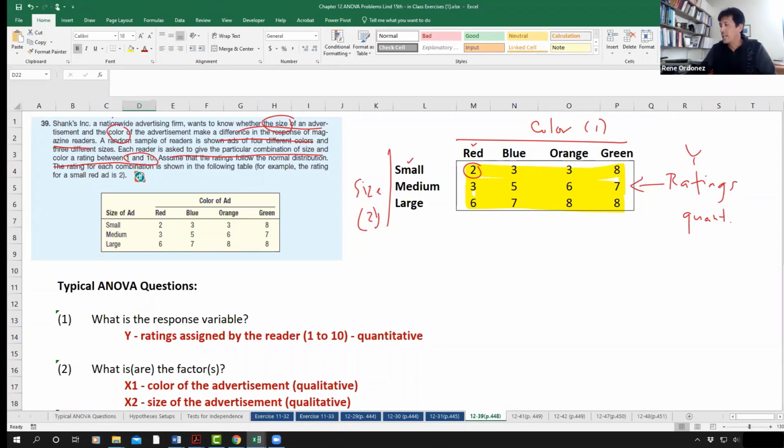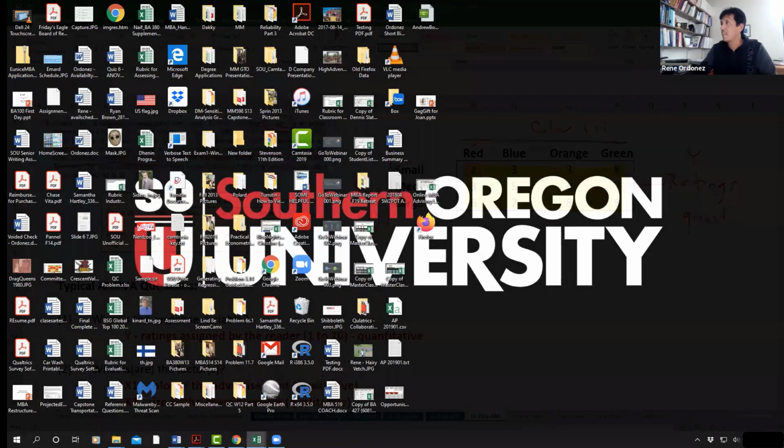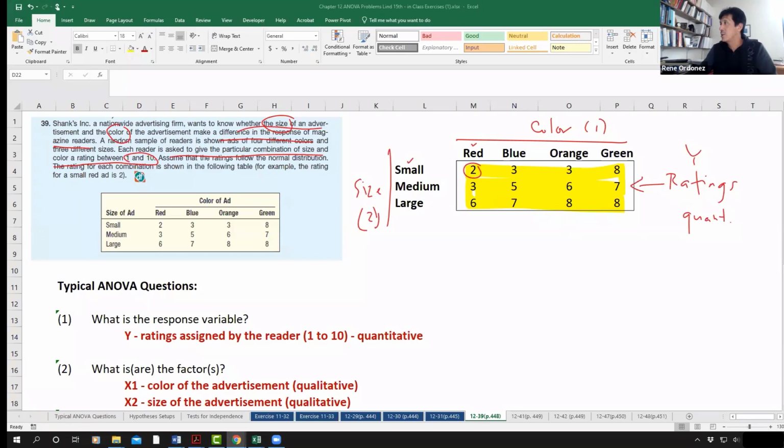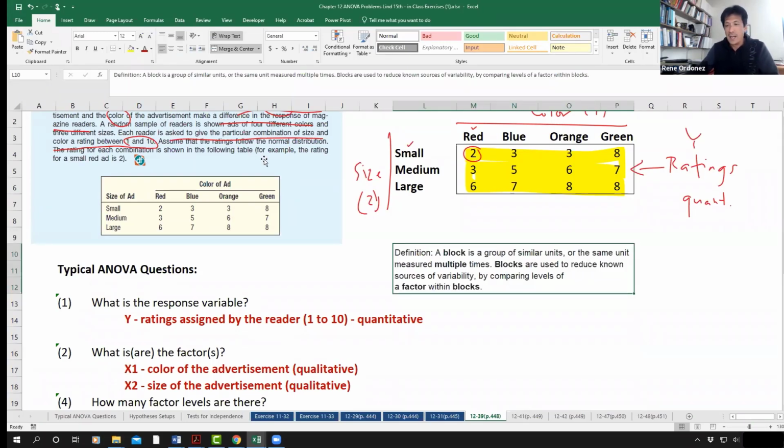All right, and what is the use of a blocking variable? Well, a blocking variable is used to control the variability. A blocking variable is a group of similar units, like this one, the small, similar units for the different colors. The purpose of the blocks is to reduce the known sources of variability.